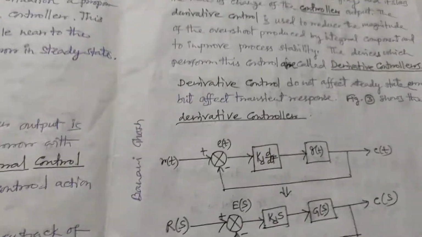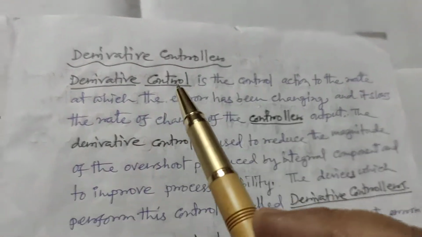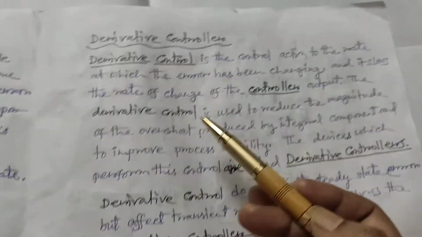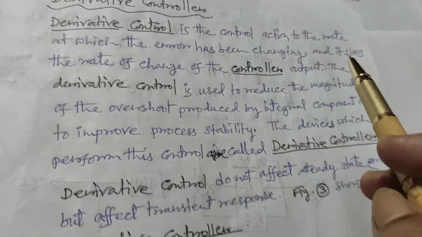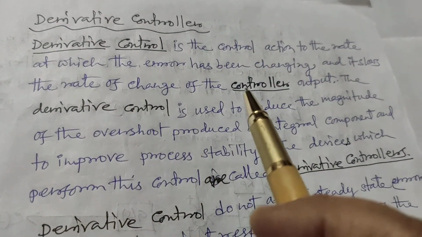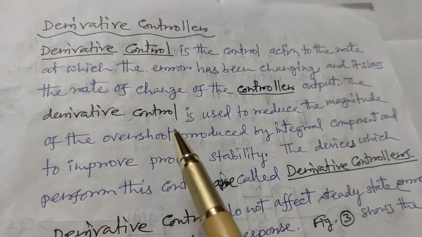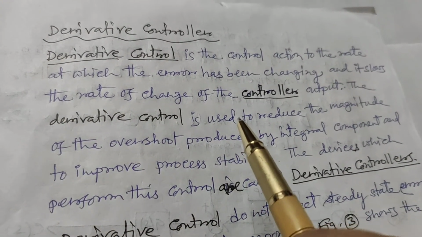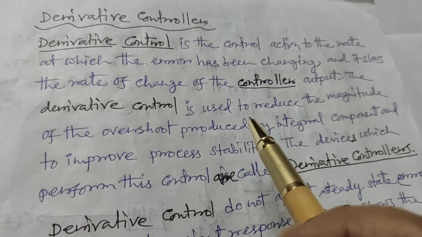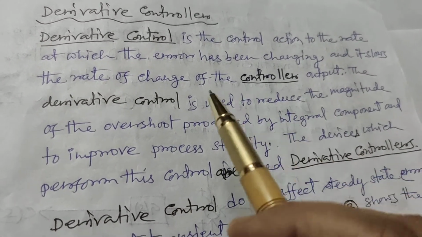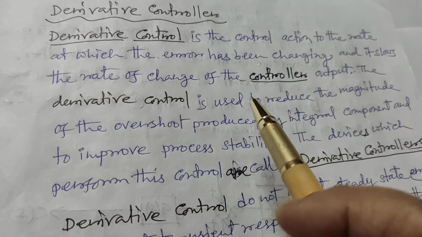Now I am going to present the derivative controller. What is a derivative controller? Derivative control is the control action related to the rate at which the error is changing. It shows the rate of change, which is d/dt, so it is known as derivative control action.